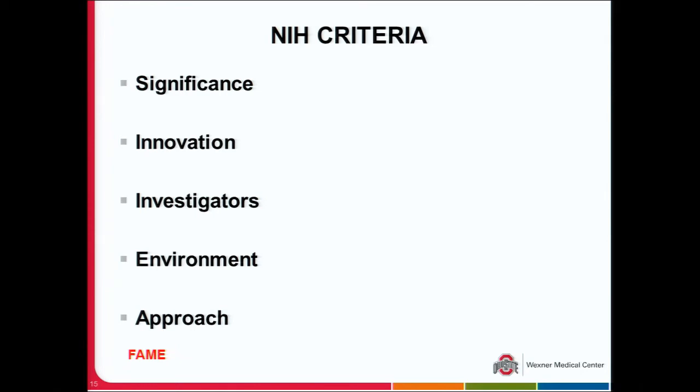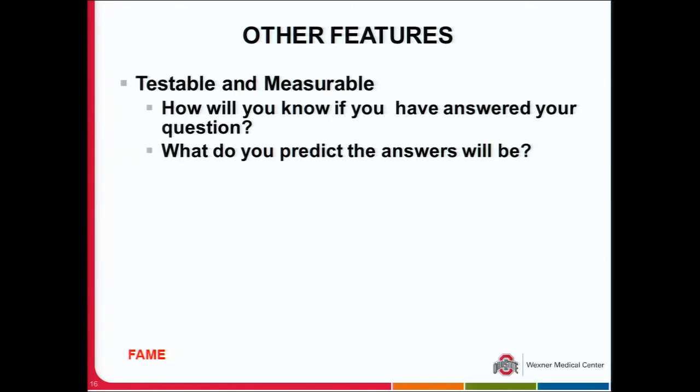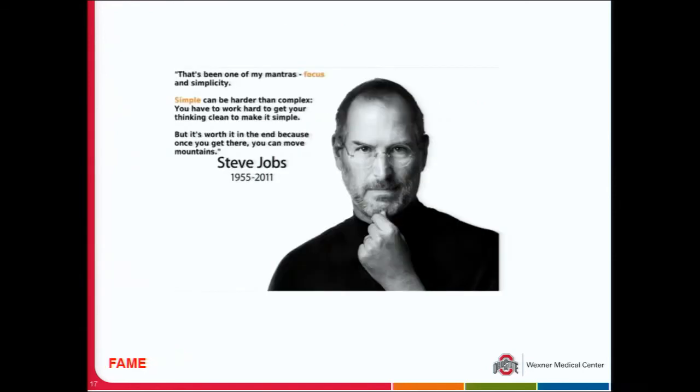You want to think of a question that's inspiring to you and is novel, but it also has to be accomplishable within your environment. And as I alluded to, it has to be testable and measurable. How will you know if you've answered your question? And what do you think your answers will be as you formulate the question? What do you think the possible outcomes are? What is to be learned by the question that you're asking?